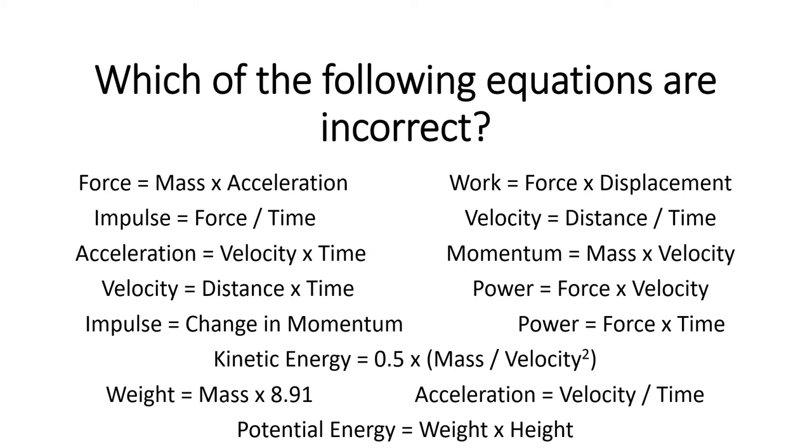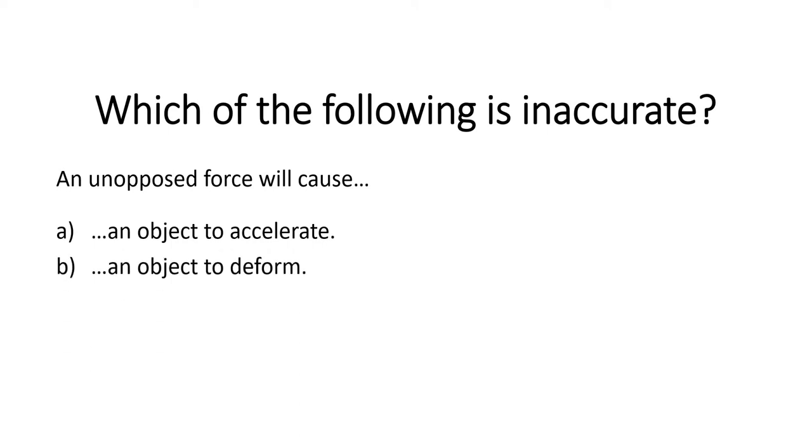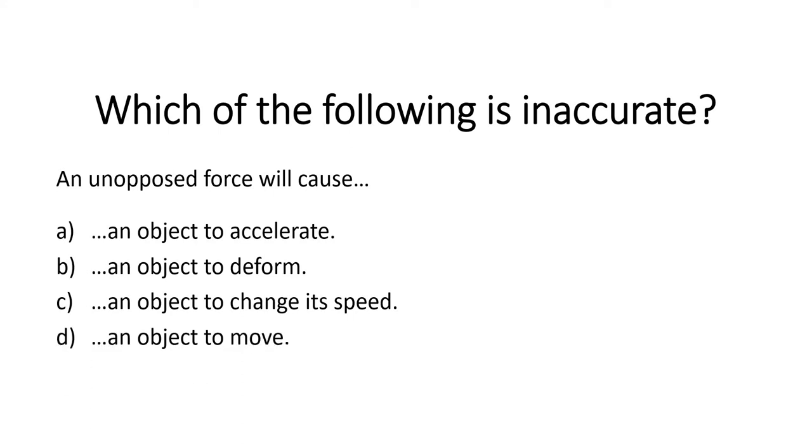Okay, moving on, and we're now going back to a 30-second time limit. Which of the following is inaccurate? An unopposed force will cause A, an object to accelerate, B, an object to deform, C, an object to change its speed, D, an object to move, E, forgot there was an E, an object to change its velocity.